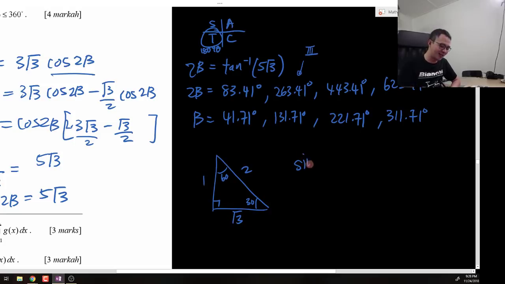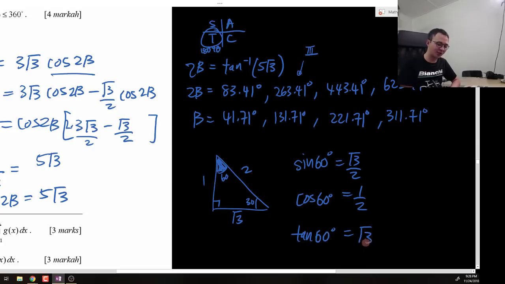And then for sin 60, you focus on the 60 degree here. Sine is what? OA, right? So it will be square root 3 over 2. Cos 60, cos is what? AH, right? 1 over 2. Tangent 60, tangent is what? OA, right? So square root 3. This is the triangle you basically remember if your calculator doesn't give you square root 3 over 2.